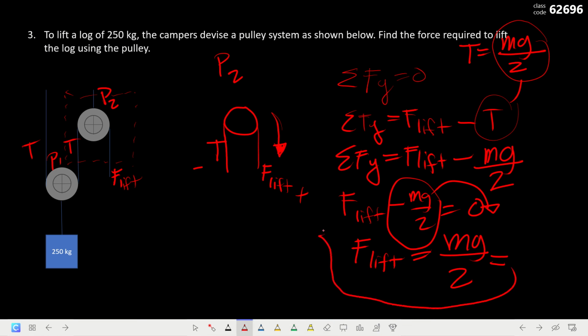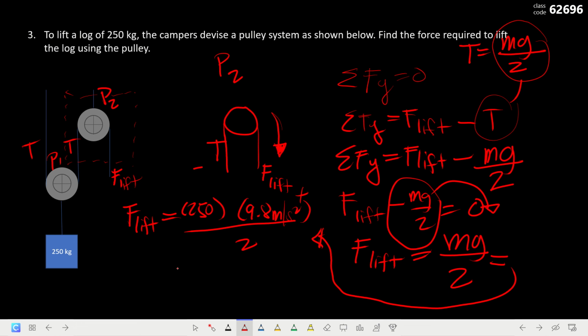So the force required to lift an object is equal to our mass, which is 250 kilograms, times the acceleration due to gravity, 9.8 meters per second squared, and then divided by 2.